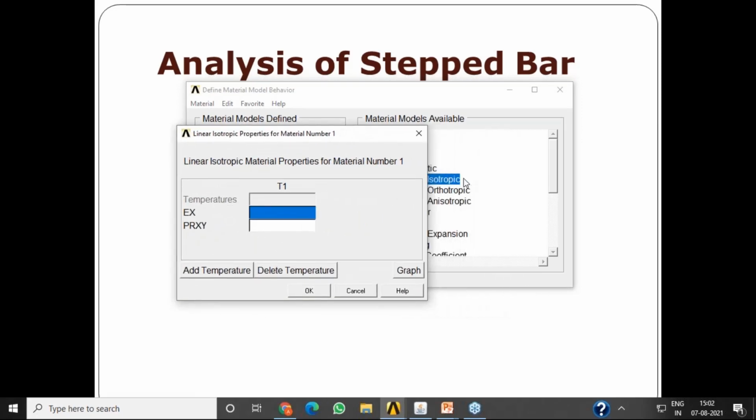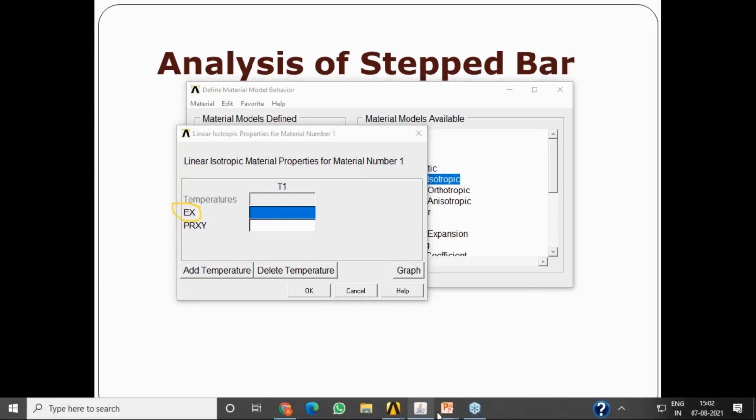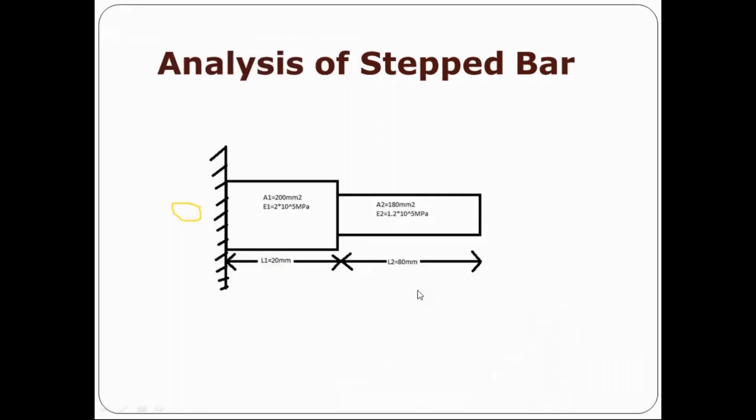Okay, when you click on the isotropic, it will ask you EX. EX is nothing but Young's modulus. Yeah, Chetan, you're also right. Okay, so you can put here Young's modulus. So what is the value of Young's modulus in the first case? 2 into 10 raised to 5 MPa.